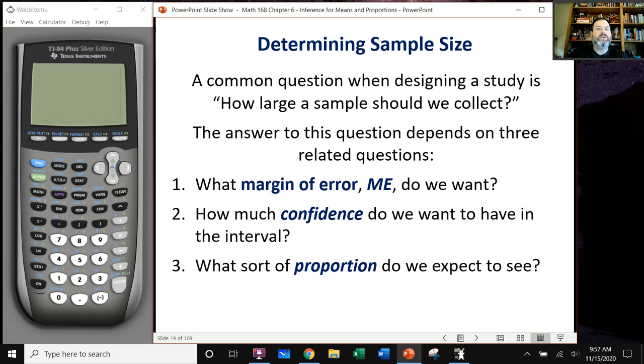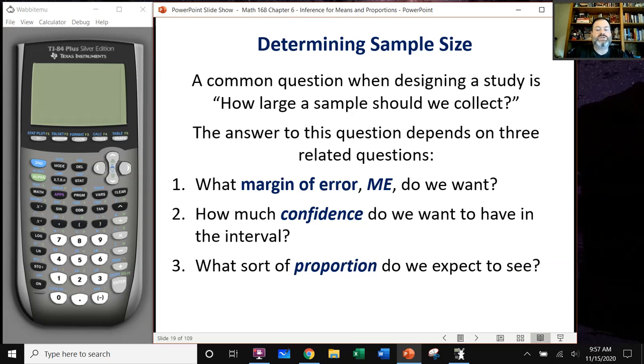So what you really want to do is figure out the margin of error. So that's sort of the range of acceptable practical results. You determine the confidence, how sure you want to be. So if you're testing a heart medication, you probably want to be really, really sure. If you're trying to set your fantasy football lineup, you don't need to be as sure.